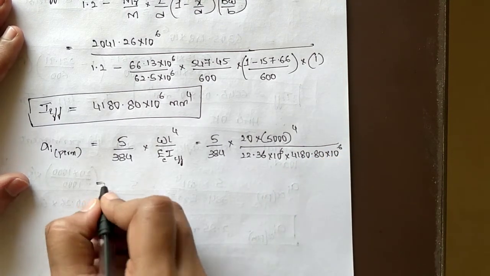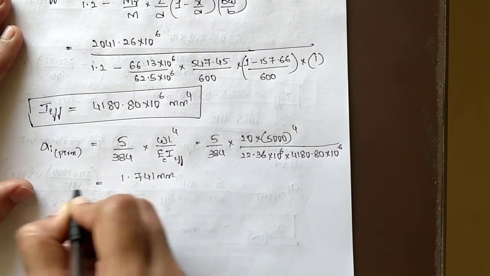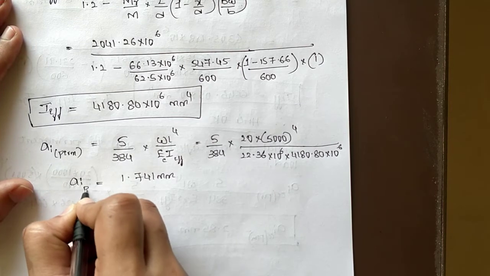Then calculate it, you will get 1.741 mm. This is what your delta I permanent.